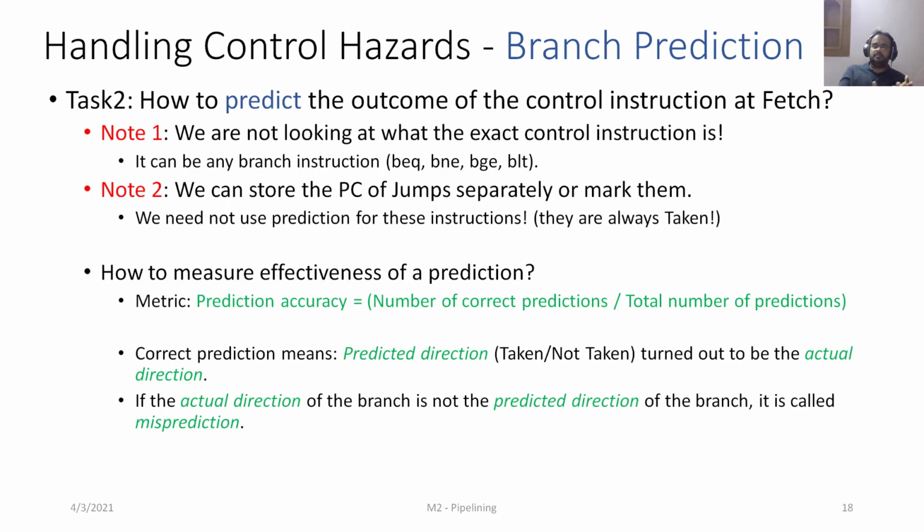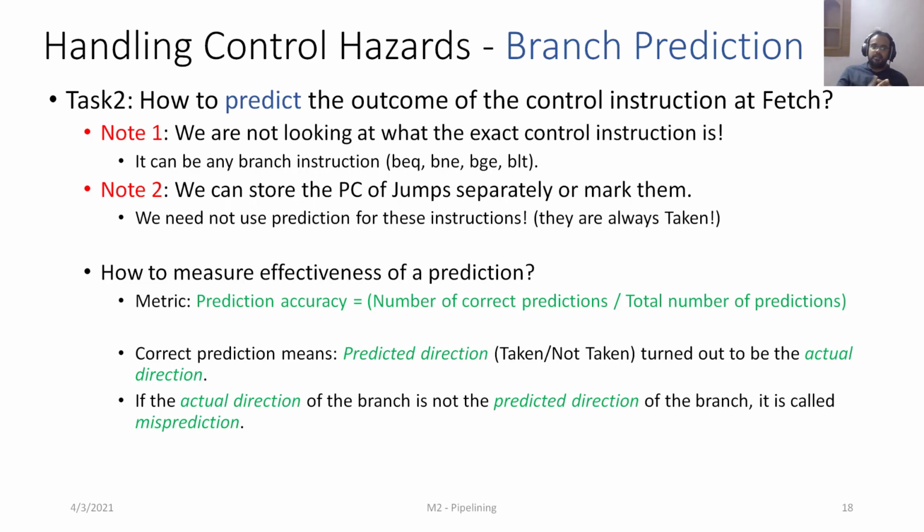In case they are the same, let's say we have predicted for some particular branch it will not be taken, and when we executed the branch it was indeed not taken, then it is a prediction hit. So the prediction accuracy now is the number of prediction hits, or correct predictions, upon the total number of predictions we made.